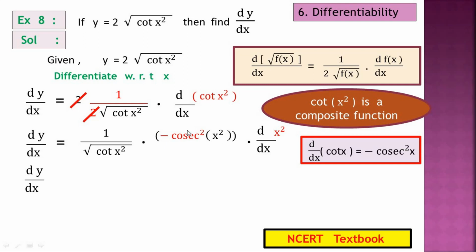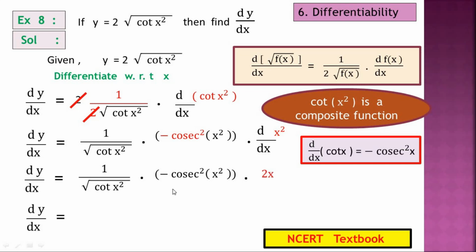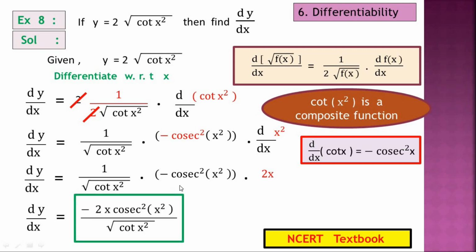Whatever I have written first is the derivative for only cot. After that, the derivative for the x square variable. Rewriting this, it becomes 1 upon root cot x square, this function as it is, and then the derivative of x square is 2x. So rewriting this function, it becomes minus 2x cosec square x square divided by root of cot x square.